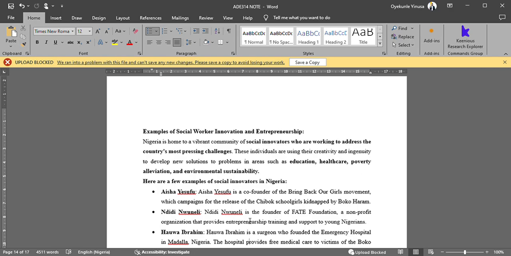She is a co-founder of the Bring Back Our Girls movement, and they campaign for the release of Chibok schoolgirls kidnapped by Boko Haram. And you can see how, in the last election, she lent her voice. She was moving a lot of political activities. So that's somebody who has been able to use her voice, created a movement, to drive social change in Nigeria.